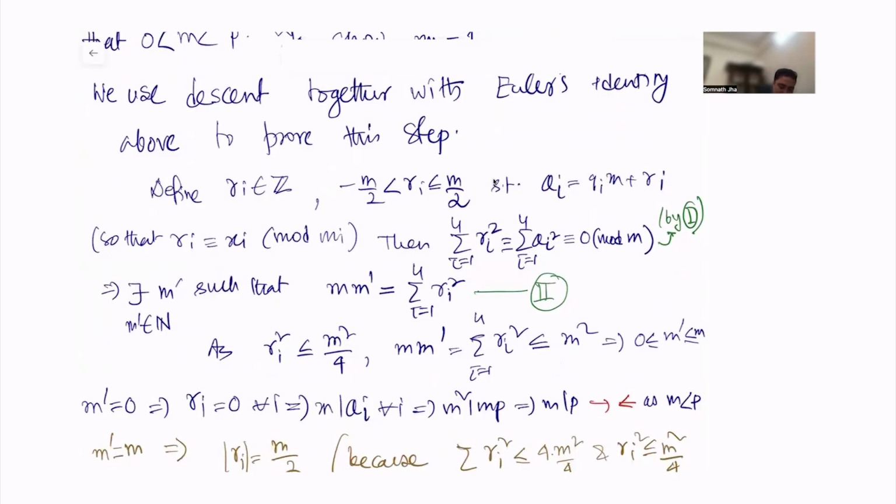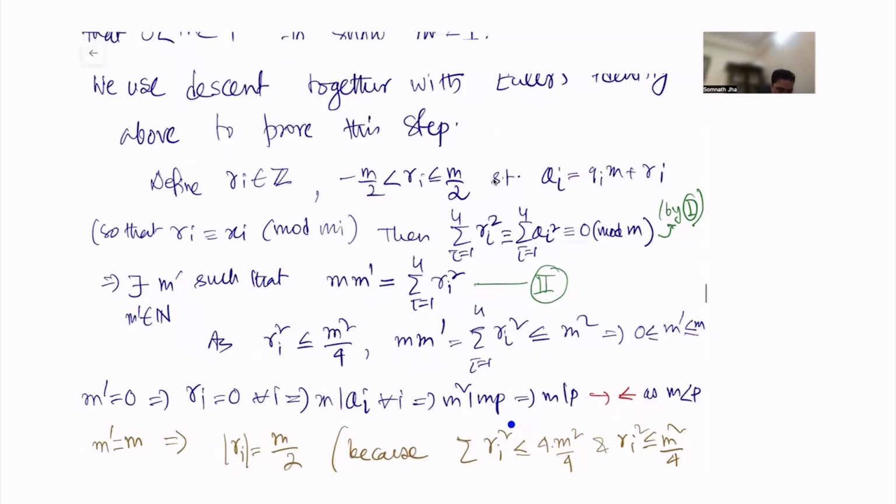On the other hand, the second case, m prime equal to m, also cannot happen. If m prime equals m, that will mean the absolute value of Ri equals m by 2, because each Ri square is at most m square by 4. We did it here: summation Ri square is at most 4 times m square by 4, so they can at most sum to m squared. And you are saying it is equal to m squared.